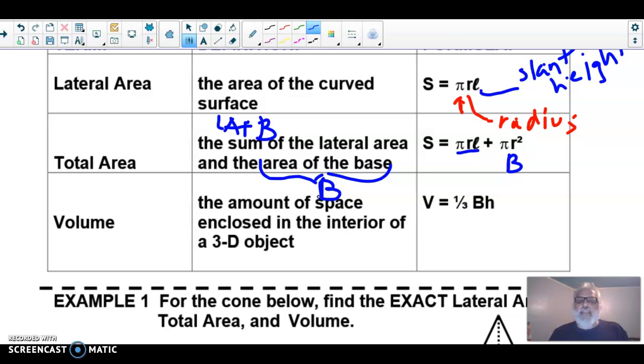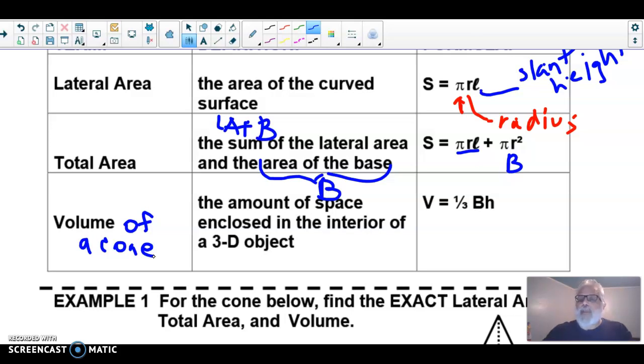Now, the last thing is the volume of a cone. So the volume, I'm going to go ahead and write that in there. The volume of a cone is going to be the area of the base times the height divided by 3.